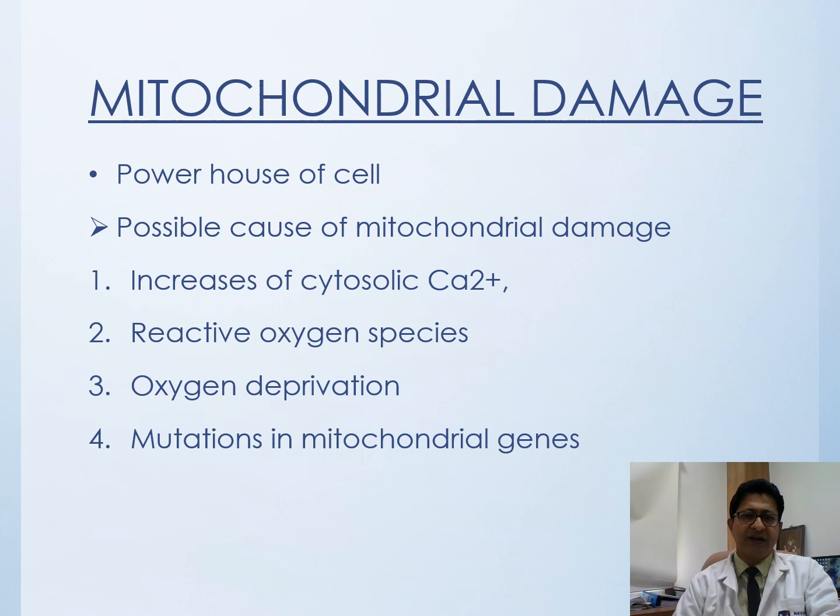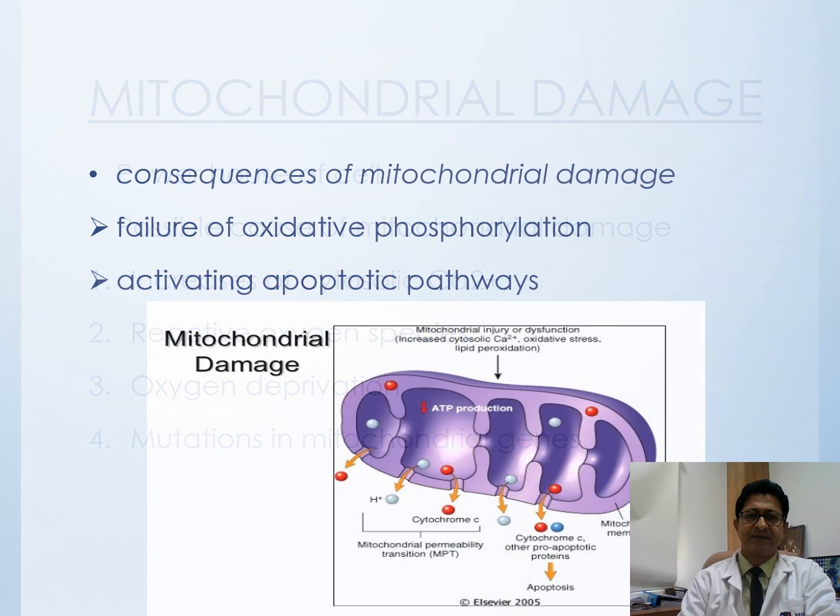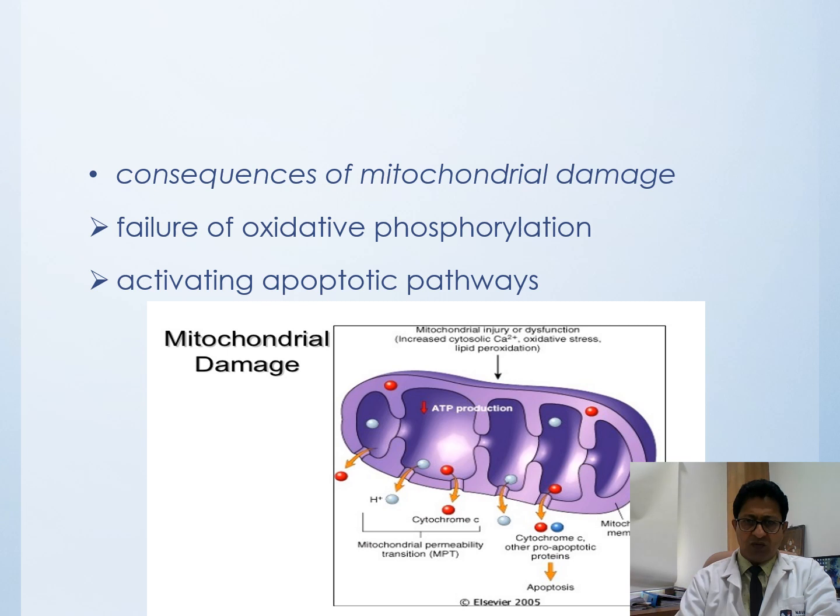And then further, there can be oxygen deprivation. And because of all this stress, the mitochondrial genes can have mutations. And the consequences of the mitochondrial damage can be a failure of the oxidative phosphorylation, which is one of the most important functions of the mitochondria.